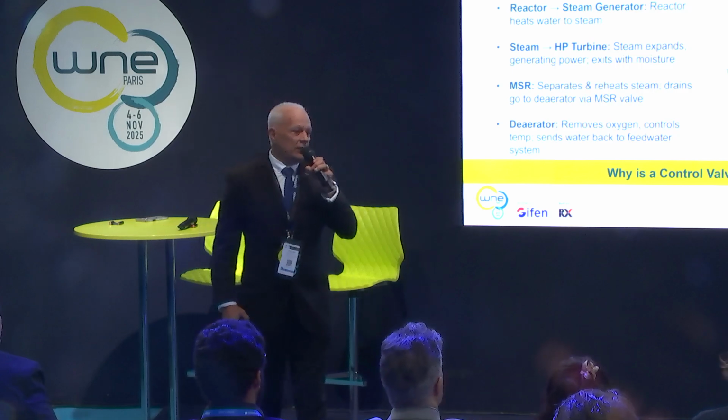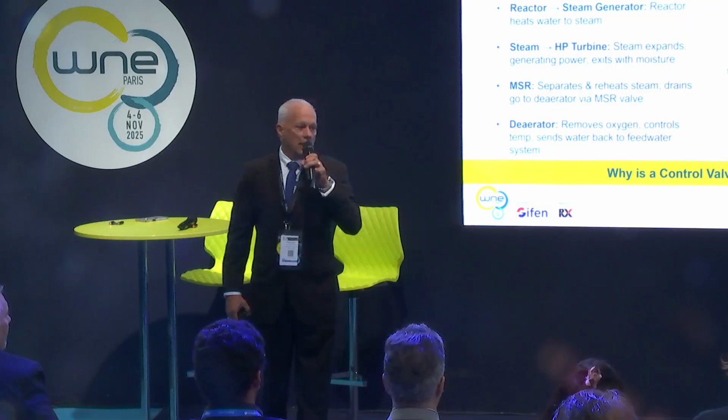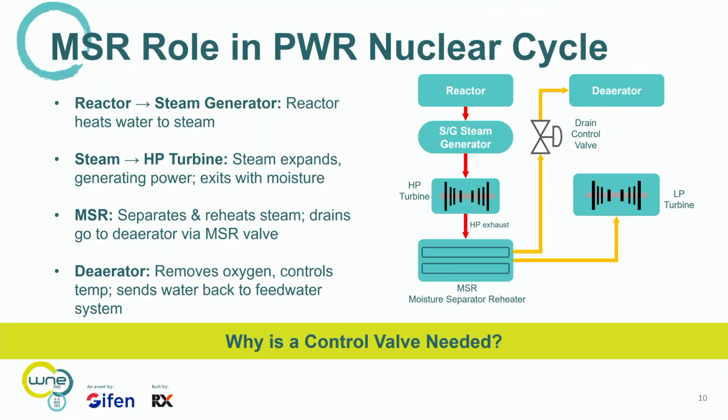This is the MSR, a moisture separator reheater. The MSR is unique in a PWR type plant because you have the reactor going to the steam generator, which is producing the steam. That steam goes directly to the HP turbine. Now, the exhaust from that HP turbine goes into the MSR.